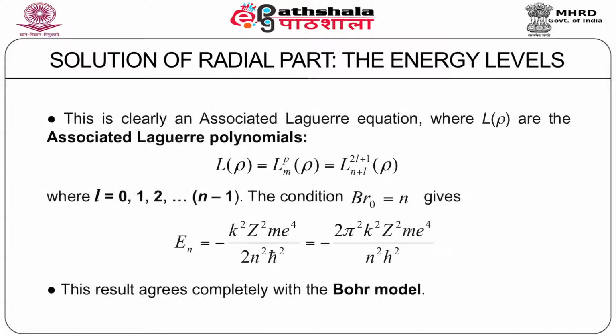So this is clearly an associated Laguerre equation, where L(rho) are the associated Laguerre polynomials, L(rho) equal to L_m^p(rho), which is L_{n+l}^{2l+1}(rho), where l equals 0, 1, 2, and so on up to n minus 1. Now the condition b r_0 equal to n gives the energy level, because b contains the energy. When we defined b, we found that it contains the energy.